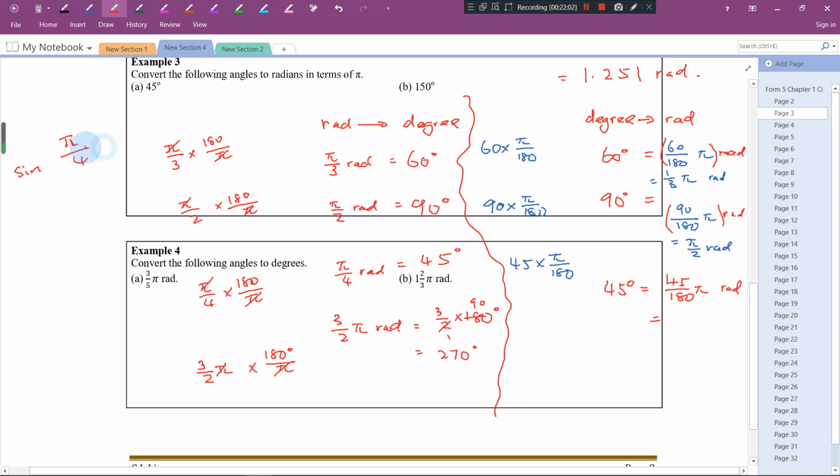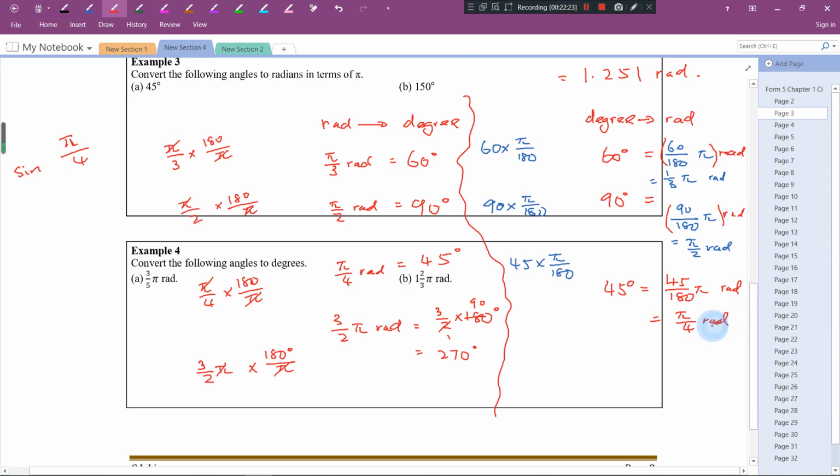If nothing is here and you see a pi here, then people know that this is in radian. Okay, now do the same thing here. 45 divided by 180, which is equal to 1 over 4. Pi, you can write pi over 4 radian.